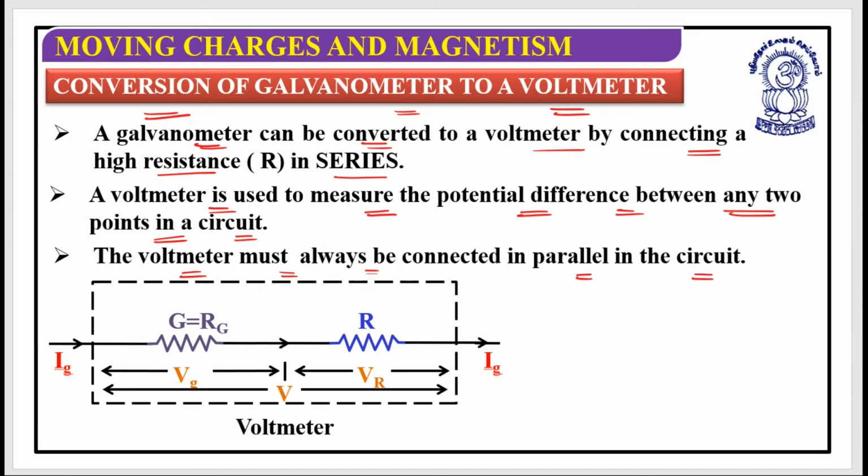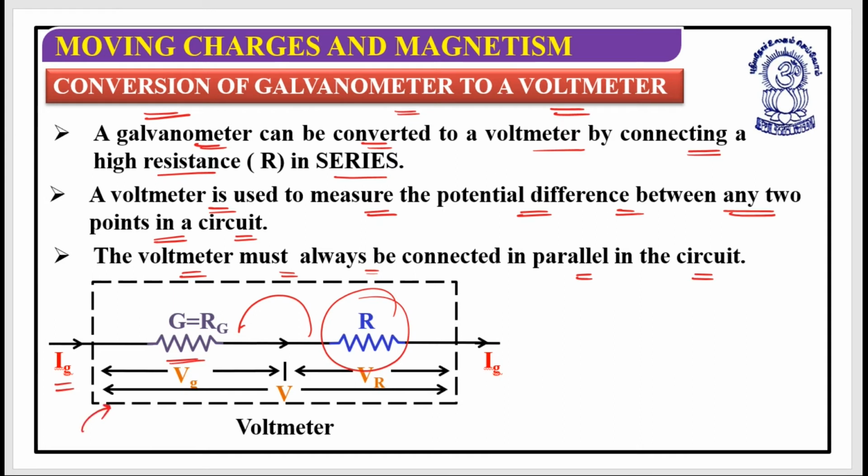So what we are supposed to do is connect a certain resistance in series with the galvanometer. This is the Ig, the maximum current that can flow through the galvanometer, and this is the resistance of the galvanometer, and a certain external resistance has been connected in series with the galvanometer.